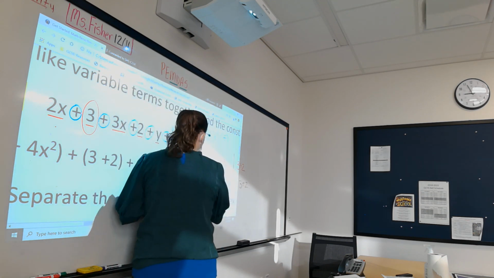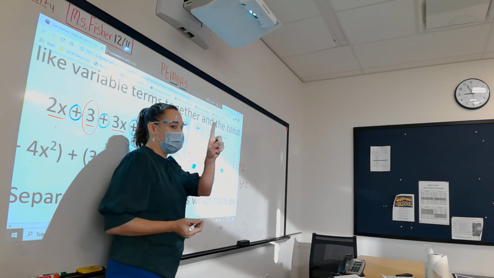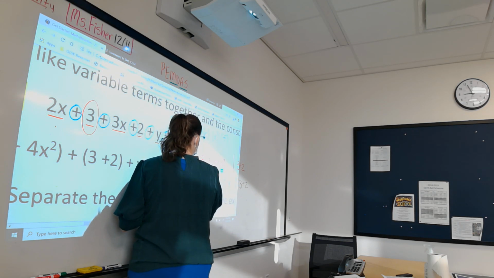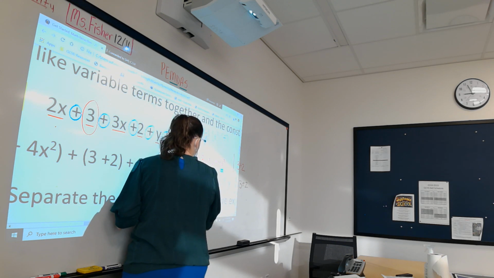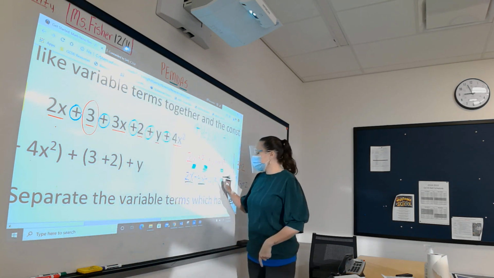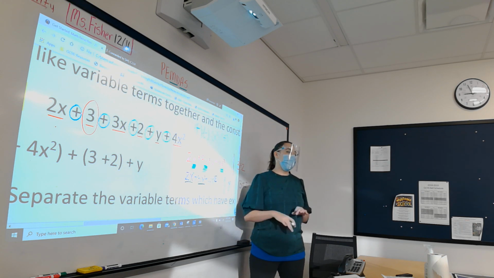So this one, remember, if there's nothing at the top, if there's no exponent, that means it's to the first power. So this one's to the first power. This one's to the first power. So these two are like terms. But this one has a 2 at the top. So it's not a like term.